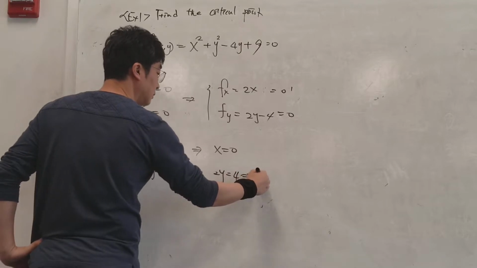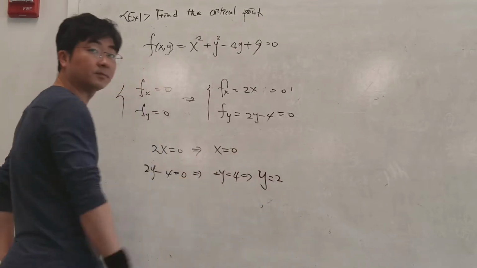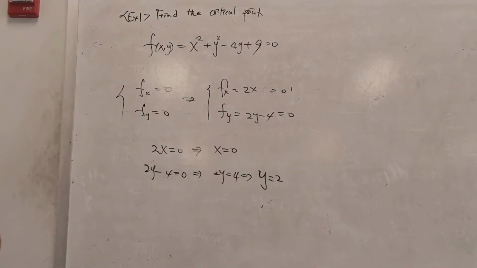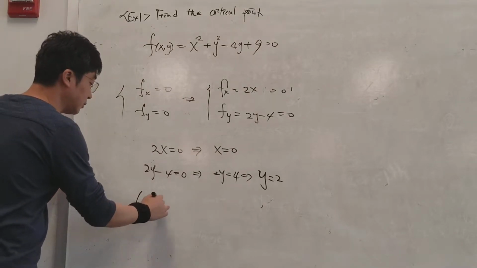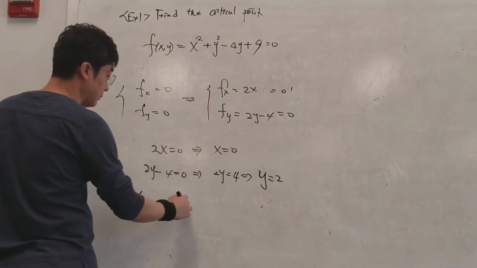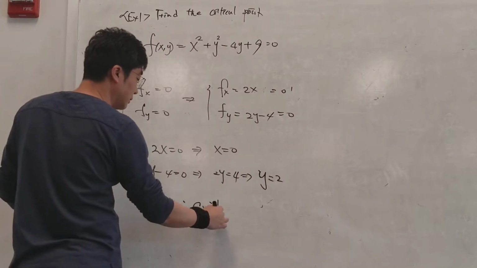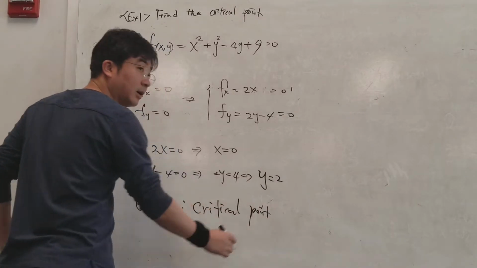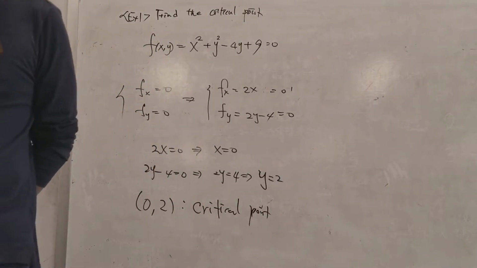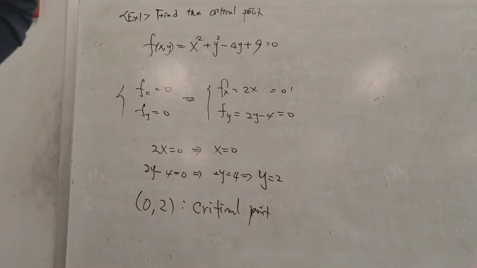This implies y is equal to 2. So what we got is a point, x comma y, which is now (0, 2). This is my critical point. How was it? Not bad, right?